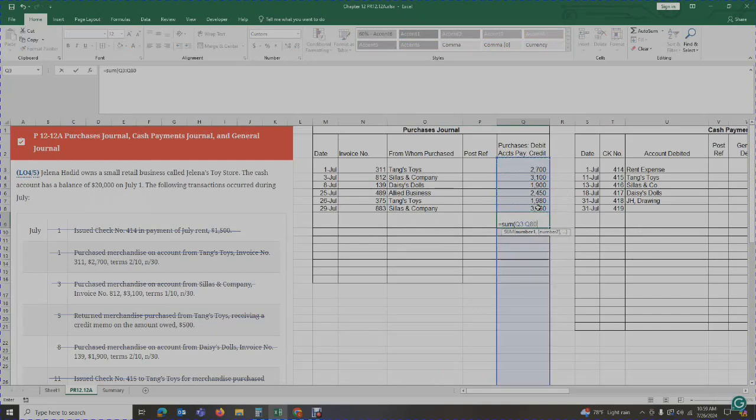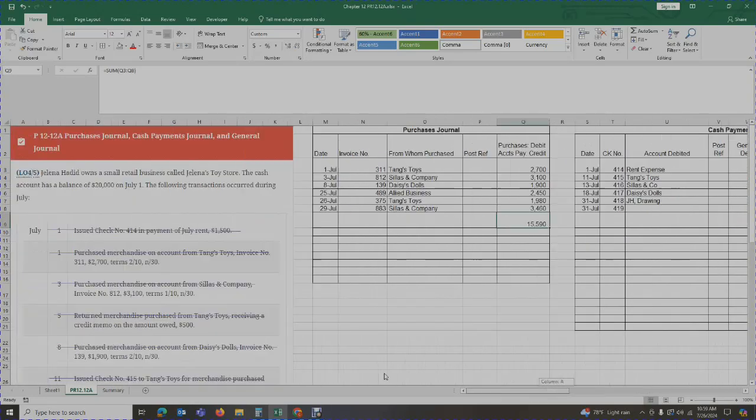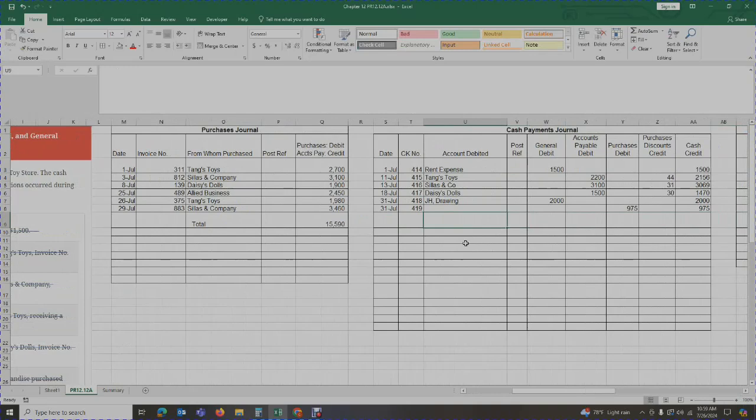So I came up with purchases on account totaling $15,590. I've already tallied it up, and that is the total that I get. Now let's look at my cash payments journal, and we're going to get a total by column.